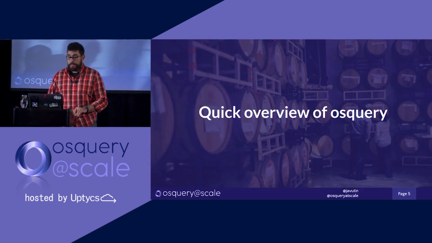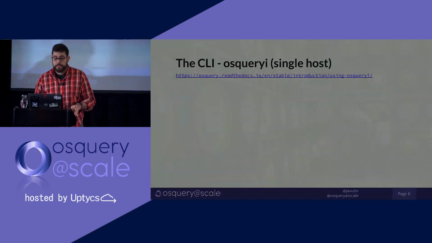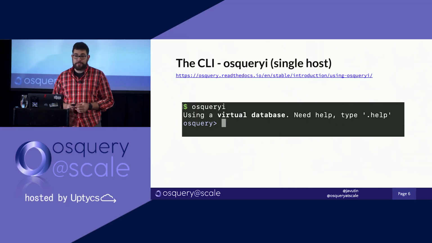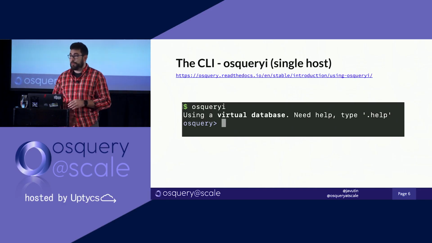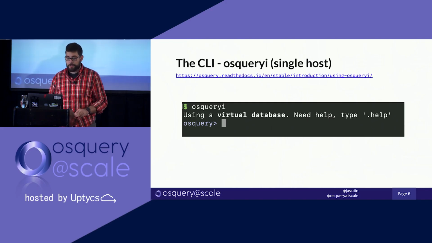Now, osquery. The first thing to mention about osquery is osqueryi, which is the command line interface. It's basically what you open in your machine when you want to see the schema of a table, or test if a query works, or just extract information from your operating system using SQL.